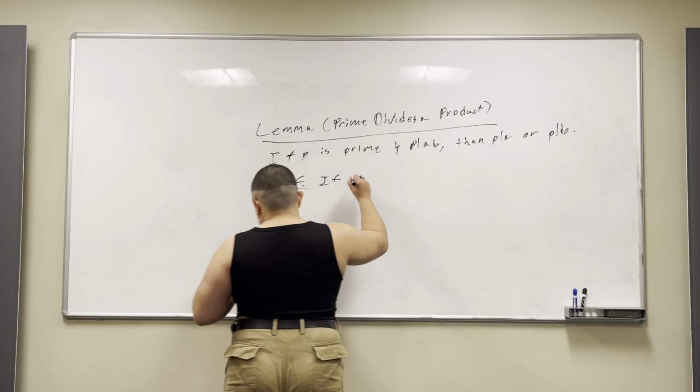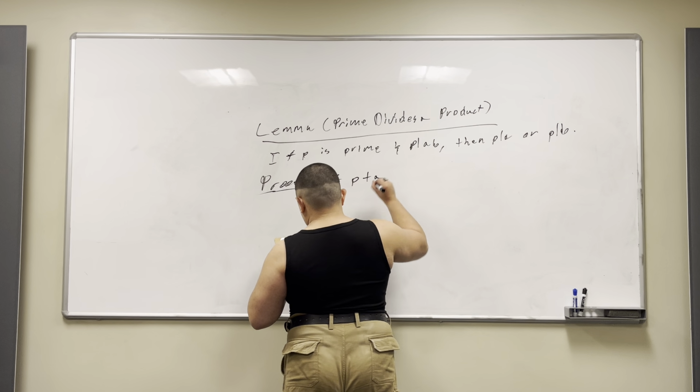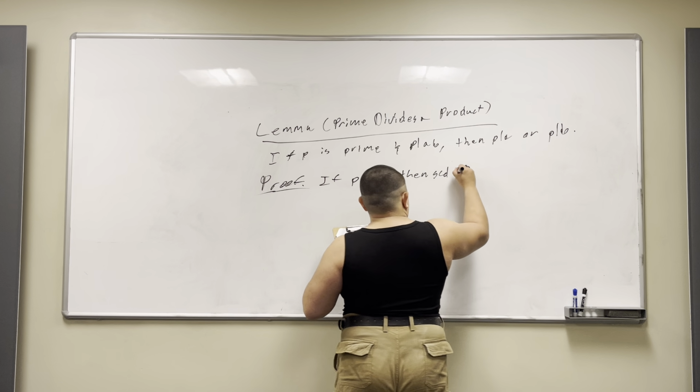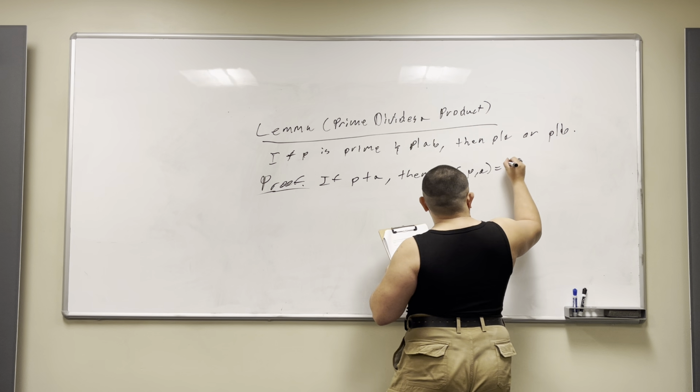If p doesn't divide a, then the GCD of p and a is equal to 1.